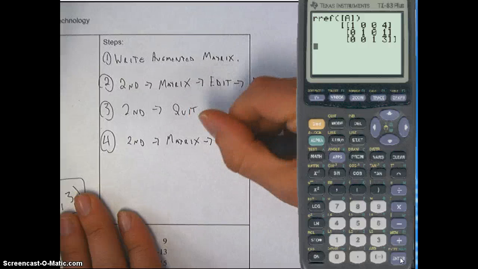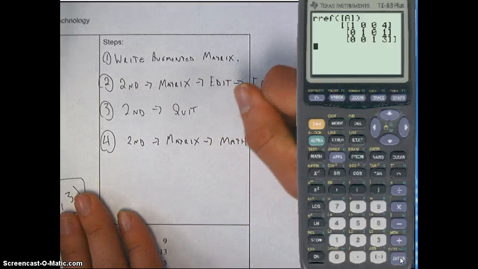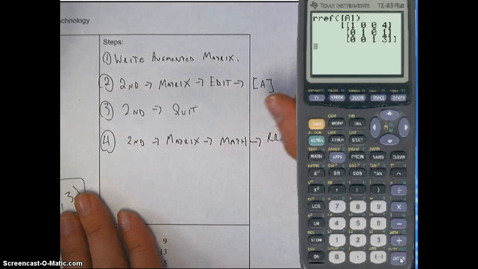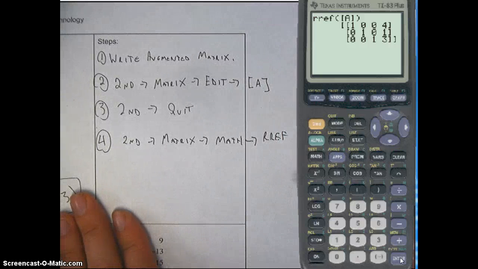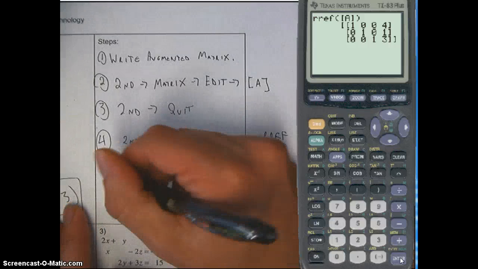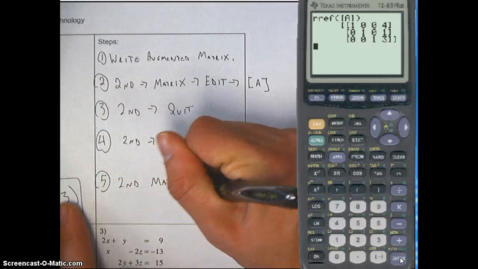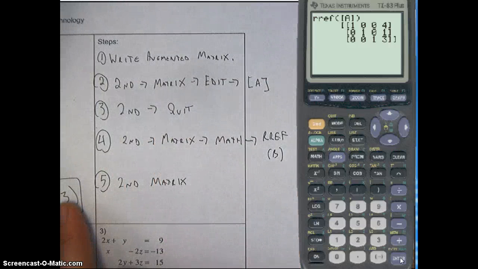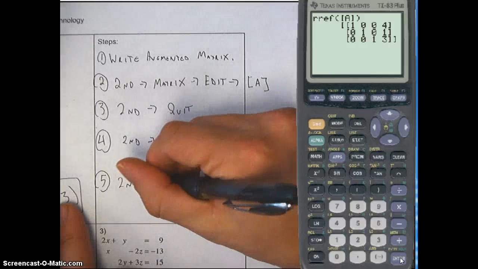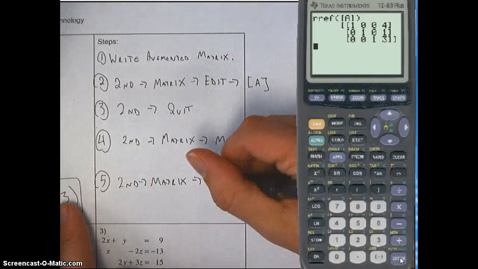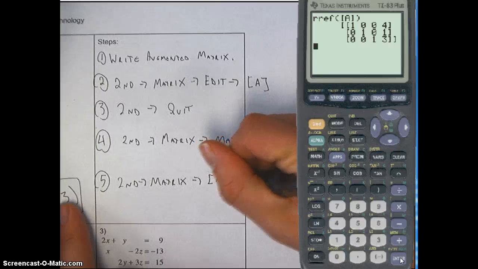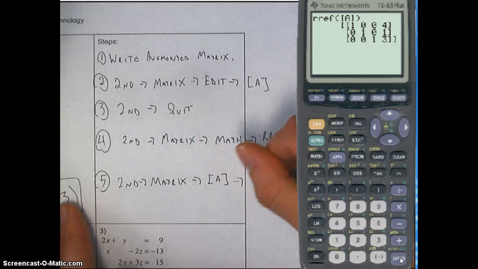This time you scroll over to math and select RREF, which is the B option. Then finally, second matrix, select A, and hit enter.